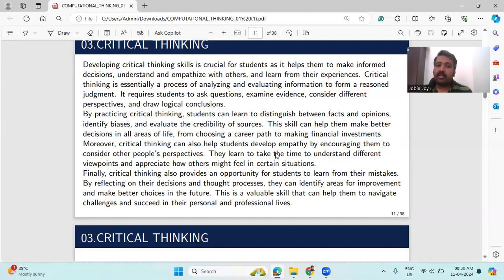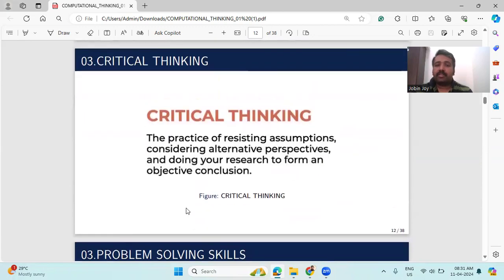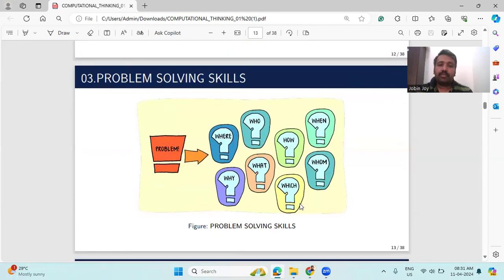They will question the credibility of the sources. They have to understand different viewpoints, including the viewpoints of others. And they will learn from their mistakes. So critical thinking is a crucial skill for students: the practice of resisting assumptions, considering alternative perspectives, and doing your research to form an objective conclusion.